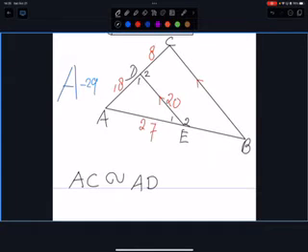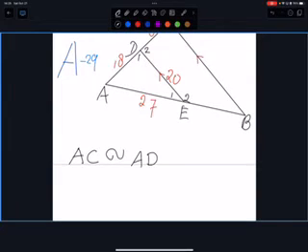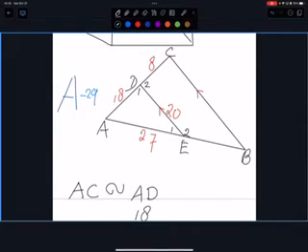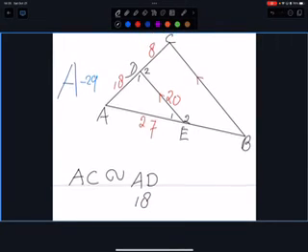Right? Did I draw it correctly? That small thing is 18. If AD is 18, that means AC equals 18 and I add 8. So the length of AC is actually 26.